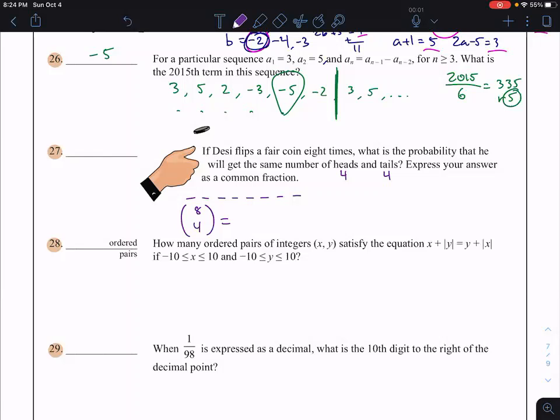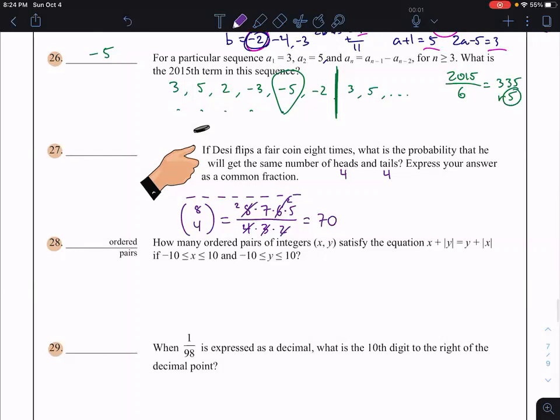This is equal to 8 times 7 times 6 times 5 divided by 4 times 3 times 2. And we just have to simplify this to get 70. So 70 is how many possibilities there are for 4 heads and 4 tails.